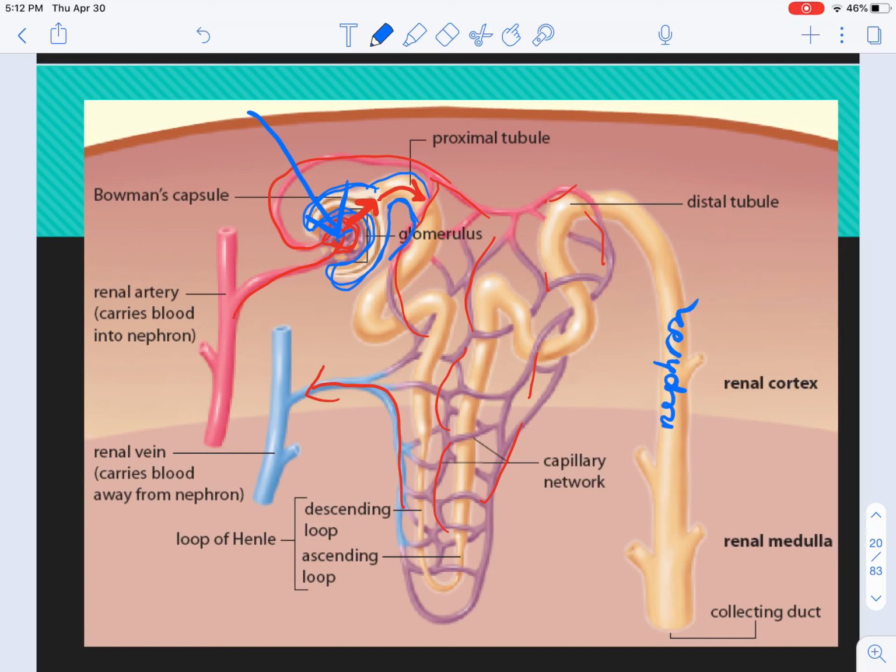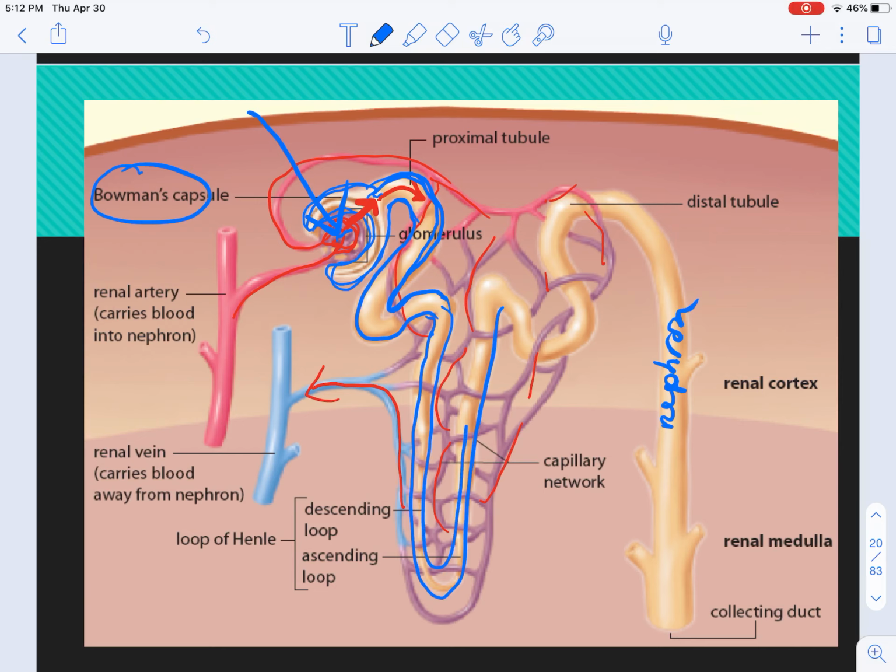Now, your nephron has some structures that you should know before we talk about what happens in the blood cleaning process. This first part of the nephron is called the proximal tubule, which proximal means very nearby. We've got the Bowman's capsule that collects your filtrate that is squeezed through from the blood.